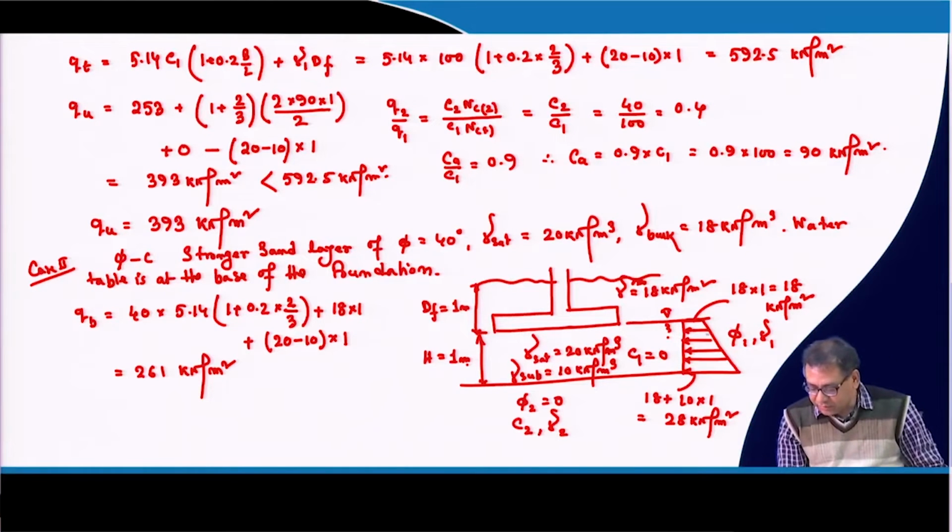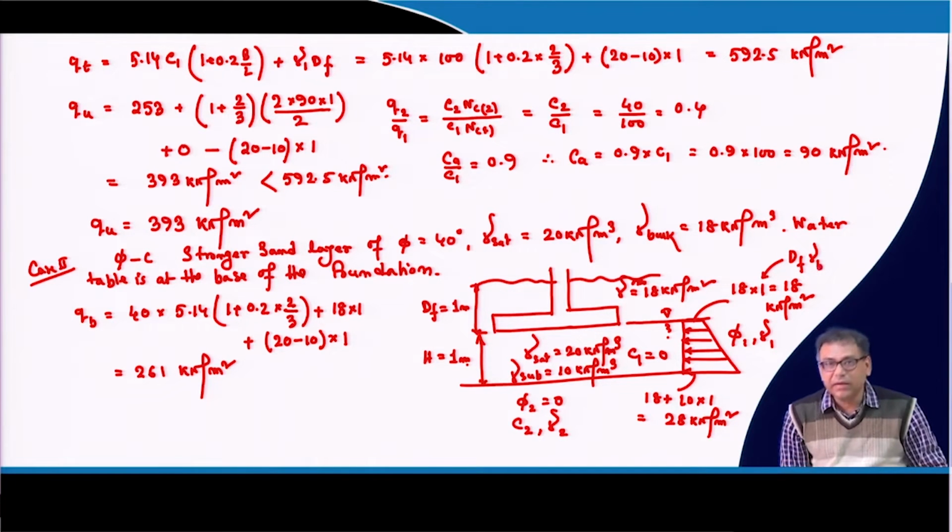This is the case. As I mentioned, the upper value is basically Df into gamma bulk, because gamma bulk is the unit weight above the water table. Even if the water table is not at the base but slightly above the base, below the ground surface, then some portion will be gamma bulk and some portion will be gamma sub.